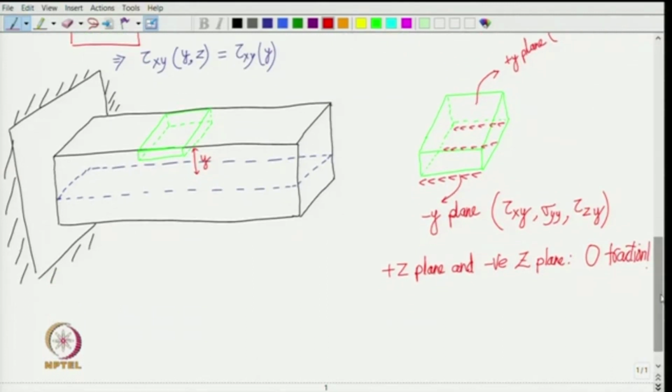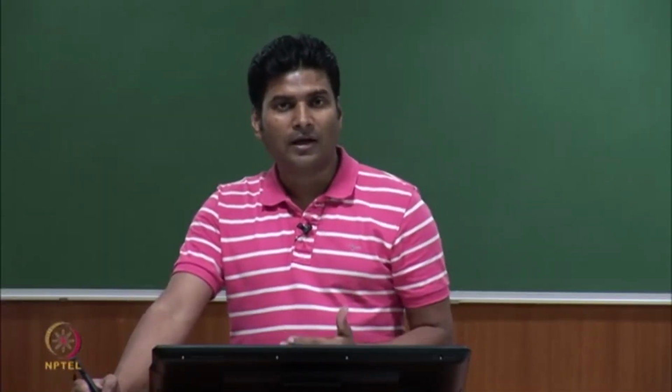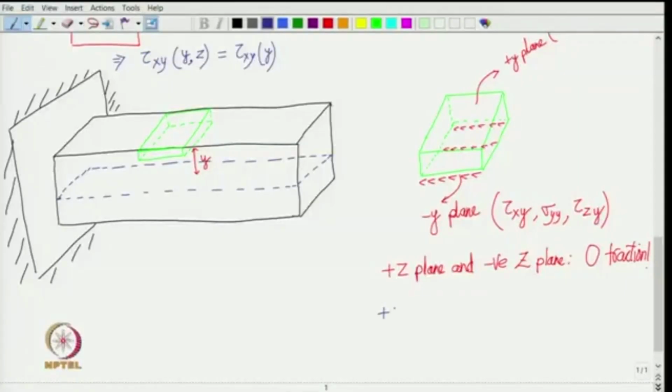All right. Now, what remains is the positive x and negative x plane. So, what do we have on the positive x and negative x plane? So, positive x plane, for example, we are going to have sigma x x, the bending stress, then tau y x, which we are saying is same as tau x y, and similarly we have tau z x, which is also equal to tau x z, right.